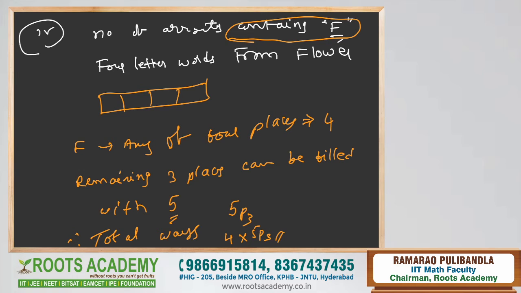Have you got the basic difference between the earlier question and this question? In the earlier question, F should be in the first place. It's fixed, which means that can be done in one way, and the remaining we fill in 5P3 ways. But here the word contains F only. F should be there in the 4-letter word, but he did not mention where it should be. That's why we can fill the remaining 3 places in 5P3 ways.